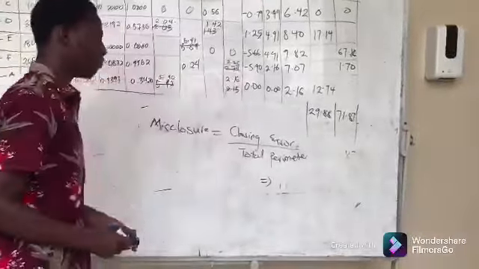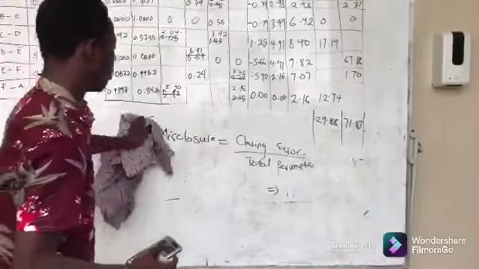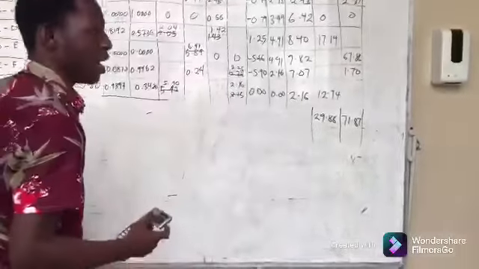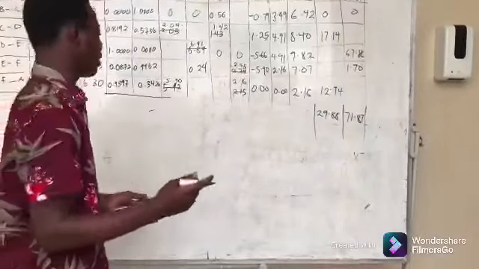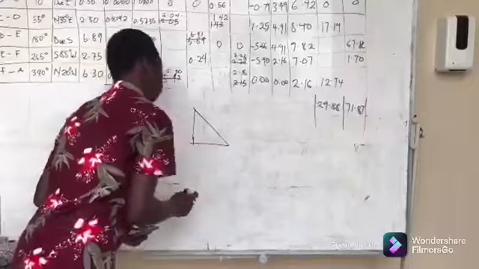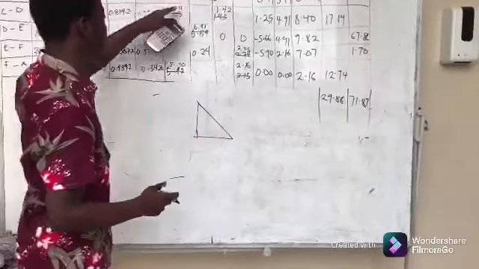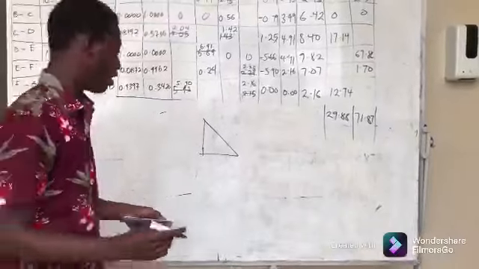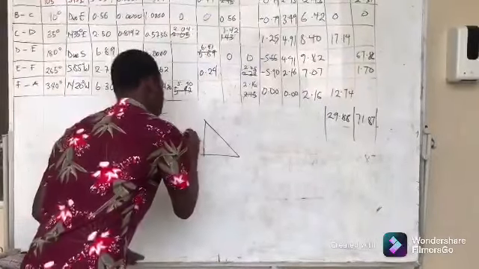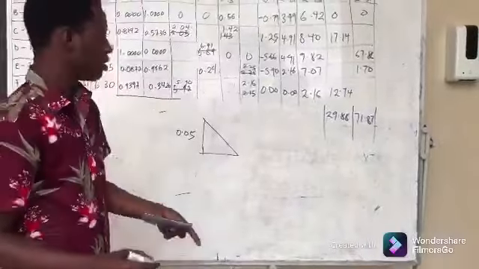So this is how we find the misclosure. And the closing error is calculated by using the triangle to represent it. So the error for the latitude was 0.05, so you have it here, 0.05. And that of departure was 0.05.